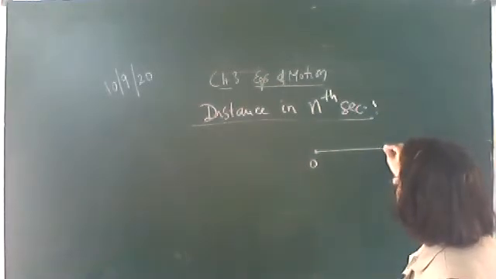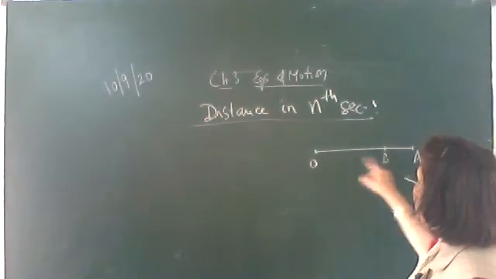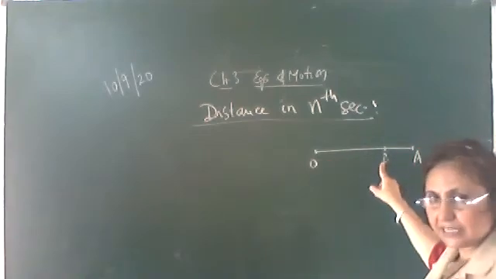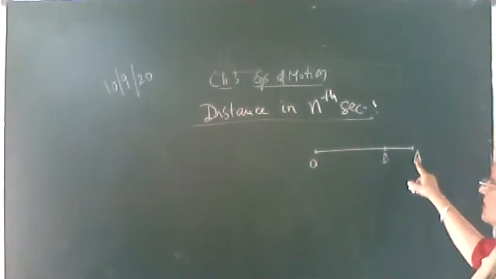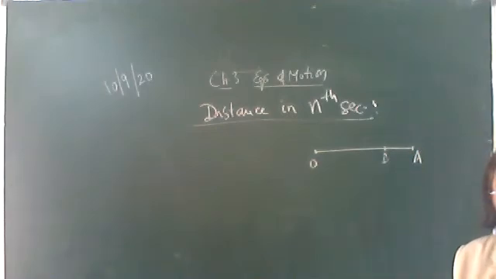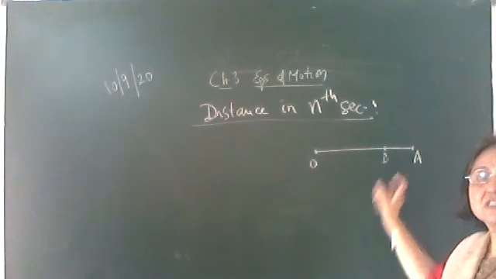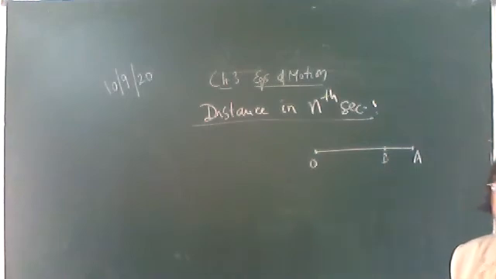Let the body have traveled distance OB in 6 seconds. OB is the distance traveled in 6 seconds. OA is the distance traveled in 7 seconds. Now, what will be the distance traveled in the 7th second? This distance will be BA.